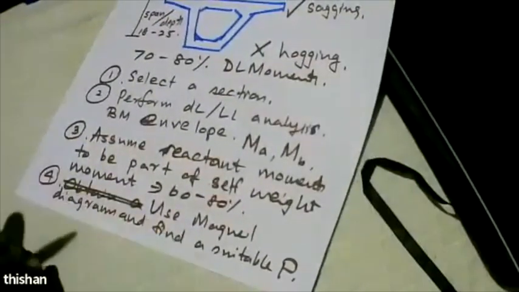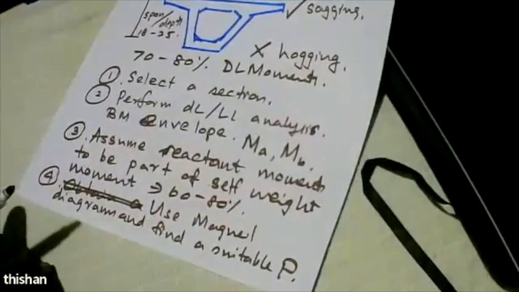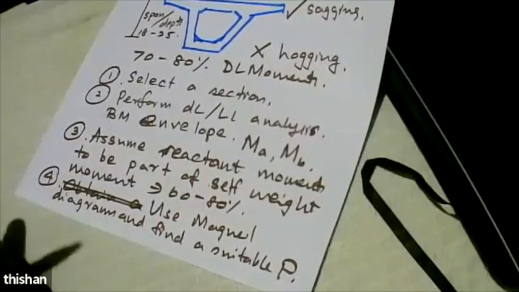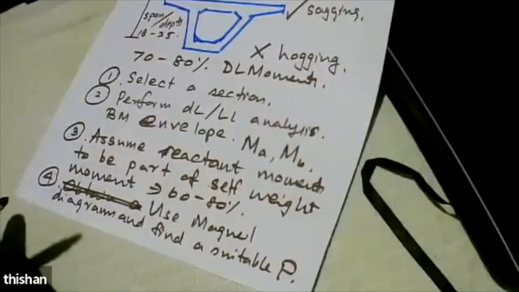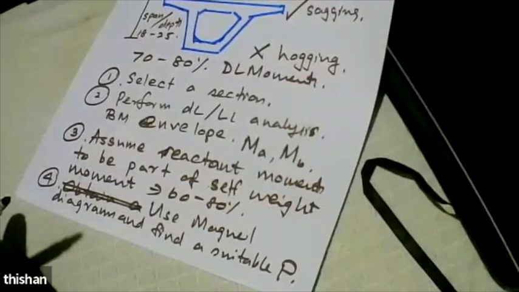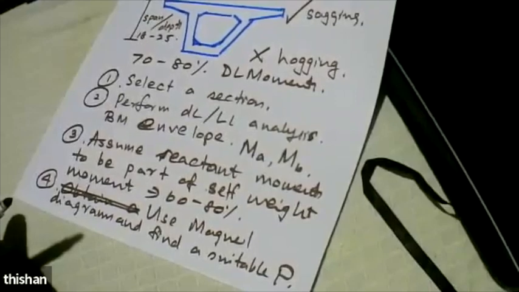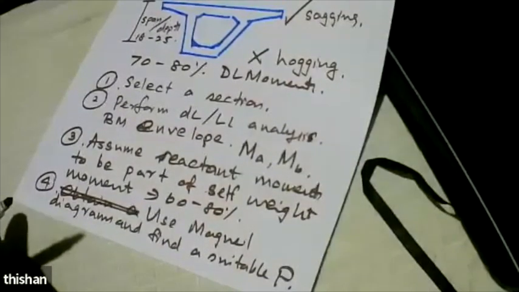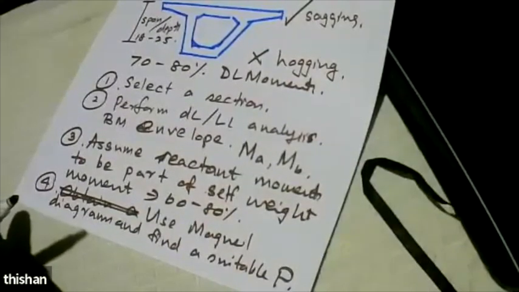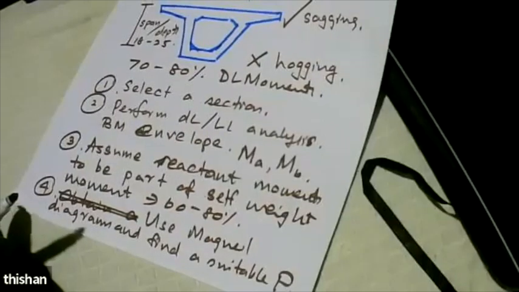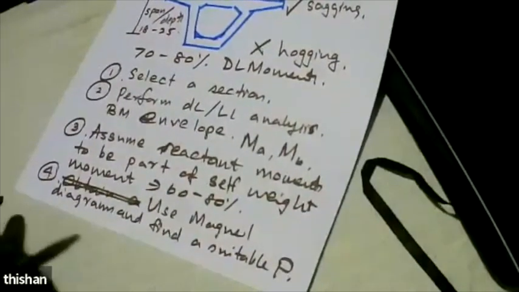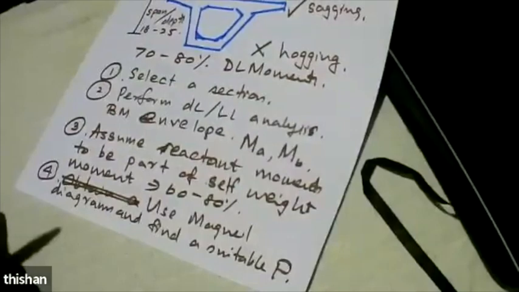So what we do is, once you select the section, you know the dead weight of the section, and you can analyze it as a beam because it is torsionally very stiff. So you can apply all the loads, ignoring torsion, and get the total bending moment just by analyzing the beam. Then later we can refine it with wedge analysis and all.